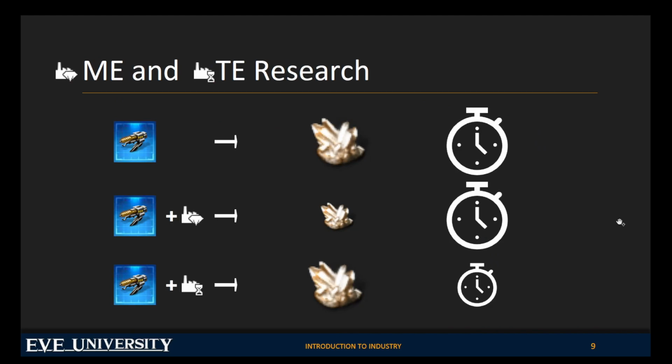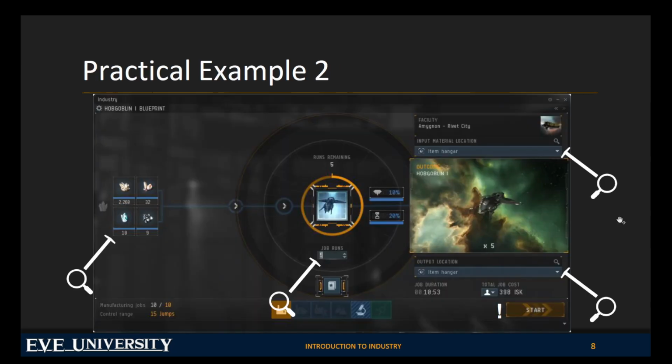Now, let me go back and just show you real quick. Over here by the image of the blueprint copy, you see this diamond and this sand timepiece. I'm blanking on what it's called, but hourglass.